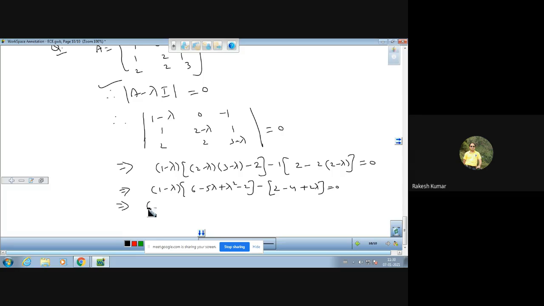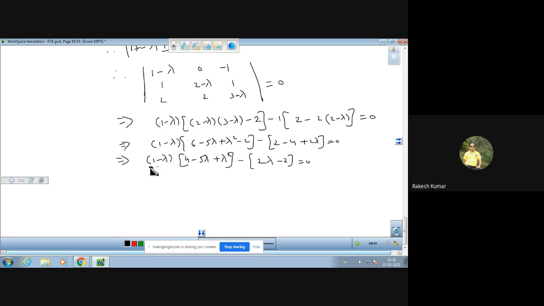Now you can simplify it: 6 minus 2 is 4, minus 5 lambda plus lambda square, and this is 2 lambda minus 2 is equal to 0. Now you can multiply this factor inside. So it is 4 minus 5 lambda plus lambda square minus 4 lambda plus 5 lambda square minus lambda cube minus 2 lambda plus 2 is equal to 0.